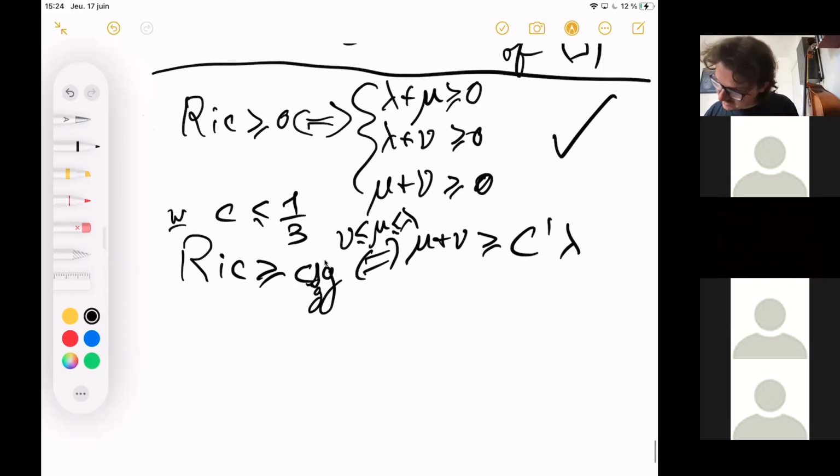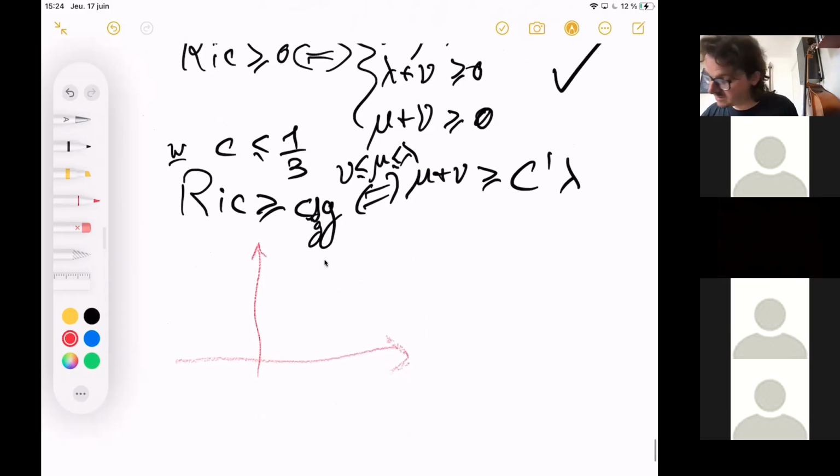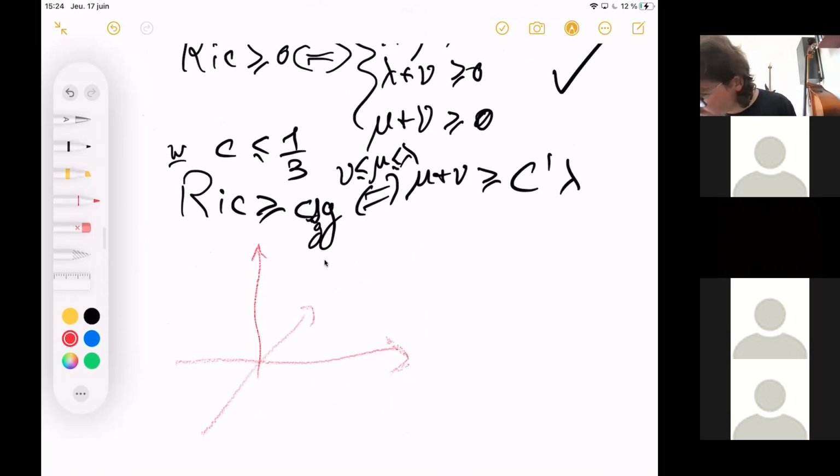What we would like, so maybe let me draw a picture. So we have this space of lambda mu nu, and let me assume that on that axis I put the scalar curvature.